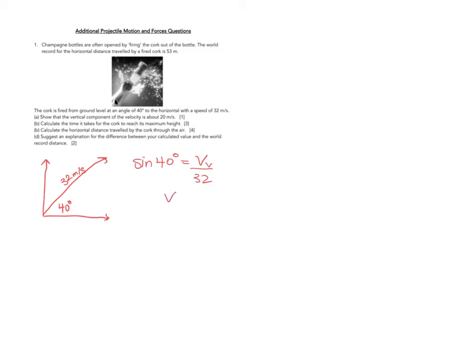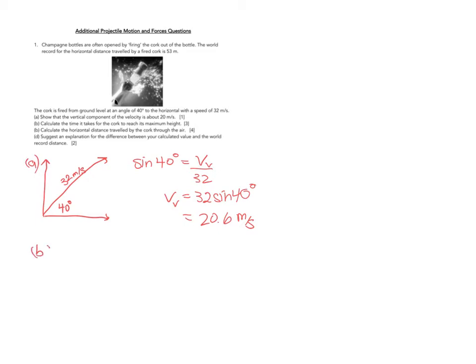If I move that around, v equals 32 sine 40. Pick up my calculator, and you should get a value of, let's round it to one decimal place here, 20.6. Don't forget, you should have your calculator in degrees for that. All right, that's part A.